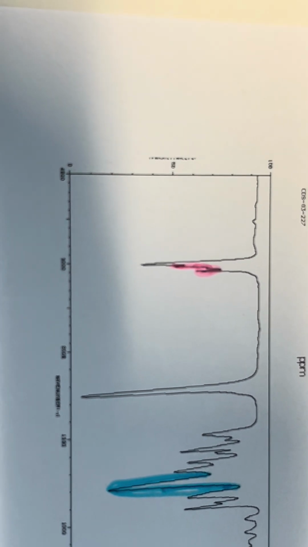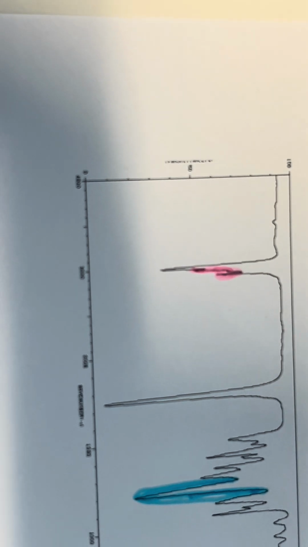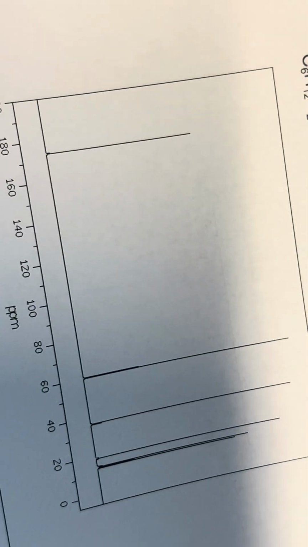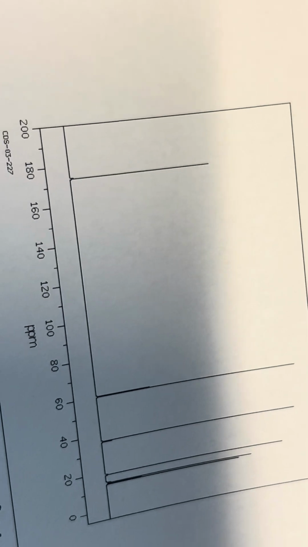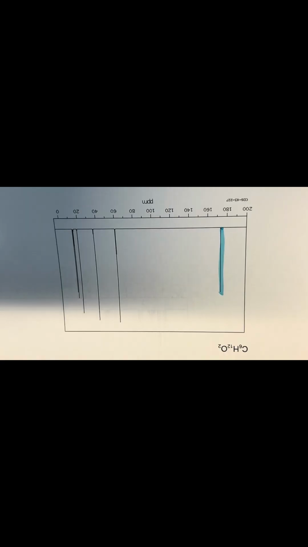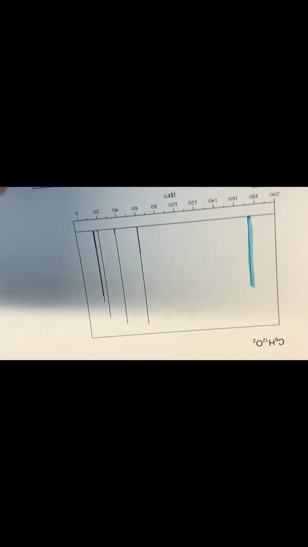This shows a carbon single bonded to hydrogen stretch, which is characteristic of an alkyl, confirming a hydrocarbon backbone. Also importantly, there is no 3,300 stretch, so there's no broad OH stretch in that region, so we can rule out it being an alcohol or a carboxylic acid.